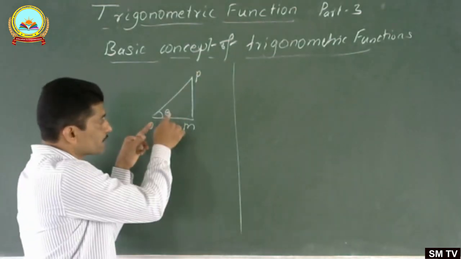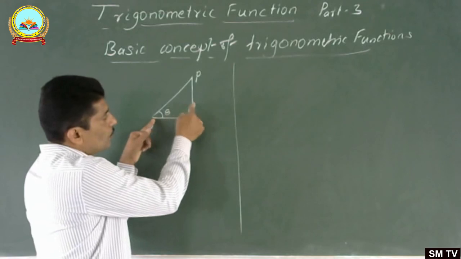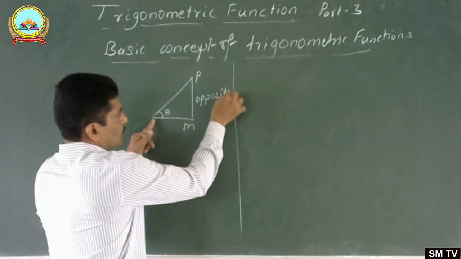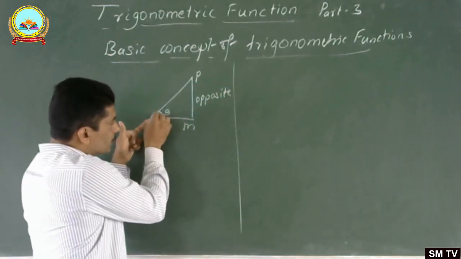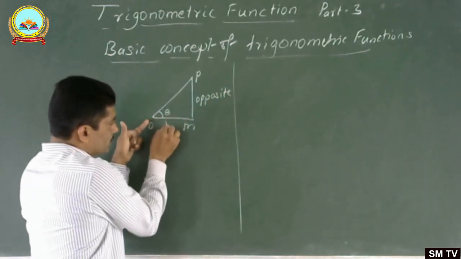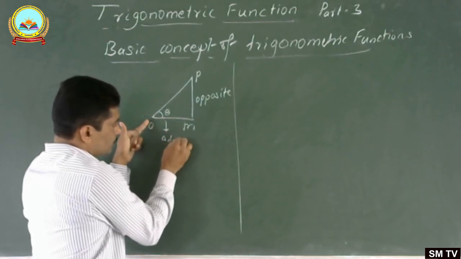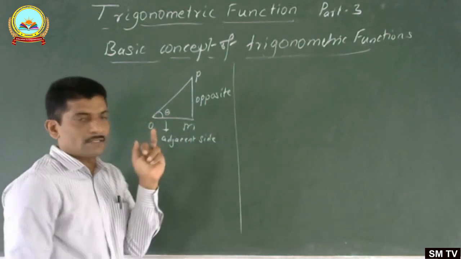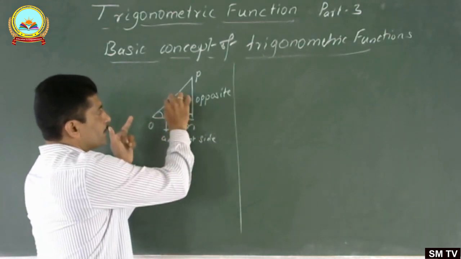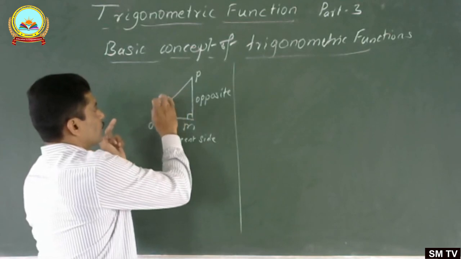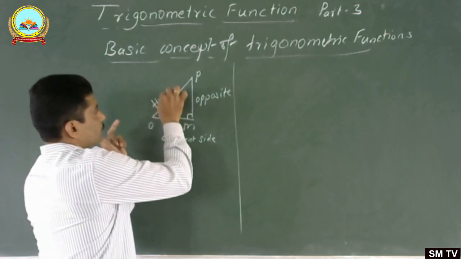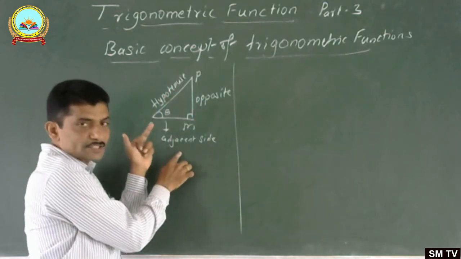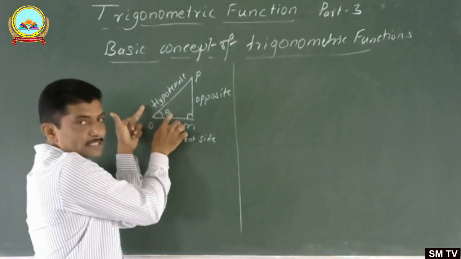Then you say that with respect to theta, the side opposite to theta is said to be opposite side. The side adjacent to theta is said to be adjacent side. And the side opposite to 90 degrees is said to be hypotenuse side. Opposite side, adjacent side, hypotenuse side with respect to theta.